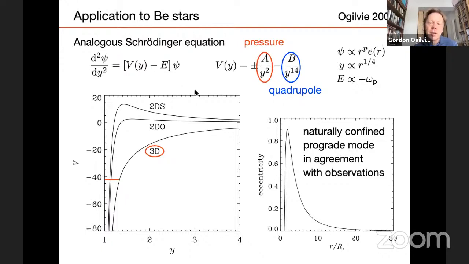And it turns out that this 3D effect that I mentioned, due to the pressure and the vertical oscillations, produces a deep effective potential well in these disks, which can support a bound state. The interpretation of that is a naturally confined prograde precessing eccentric mode close to the star, which is in agreement with observations.